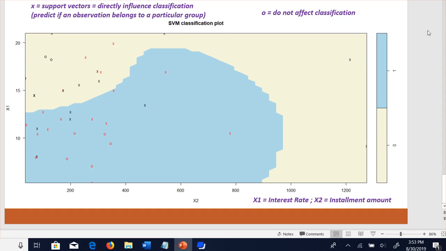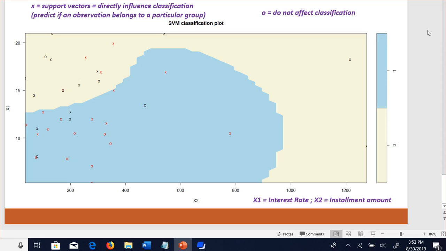The colors depict the different classification of data. And the X's are the support vectors. The support vectors directly influence the classification.